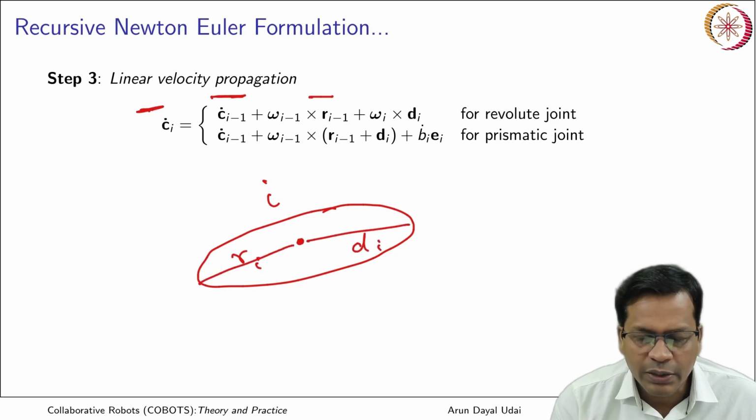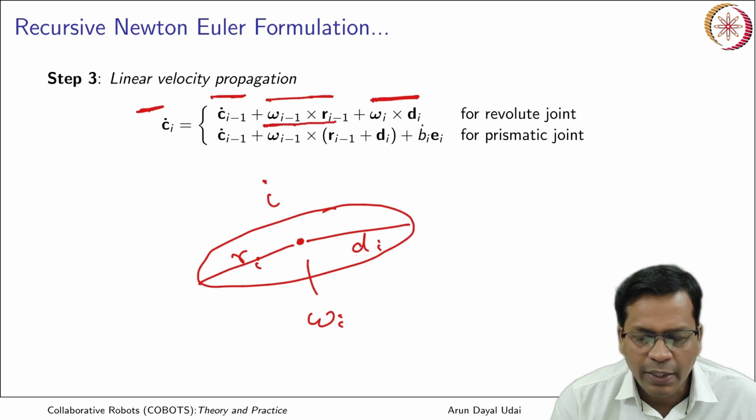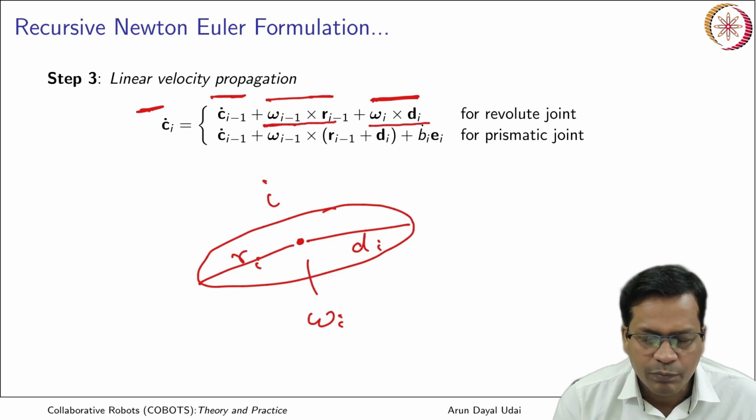So, whatever is i minus 1, because of Ri it creates a velocity component, and Di, that is because of its own rotation omega i, it has a velocity contribution. Okay. So, velocity contribution due to omega i minus 1 and due to omega i, both are summed together along with the velocity because of the previous link, C i minus 1.